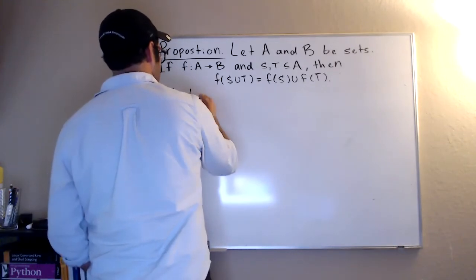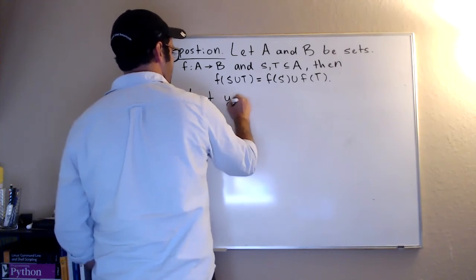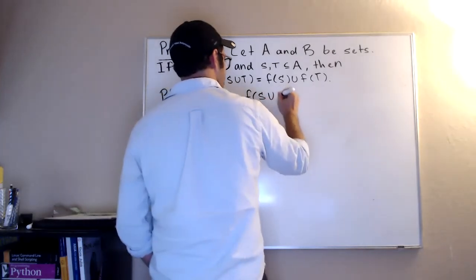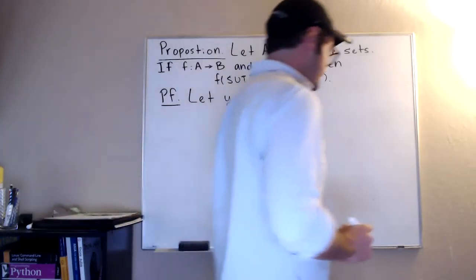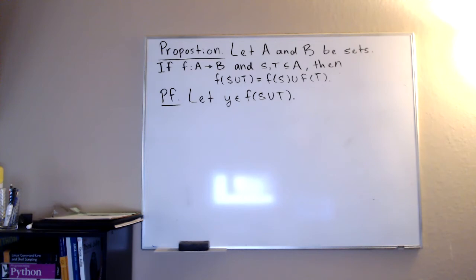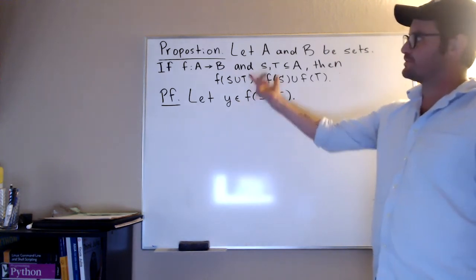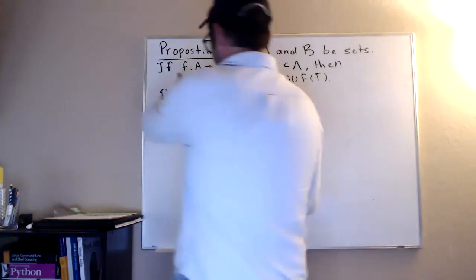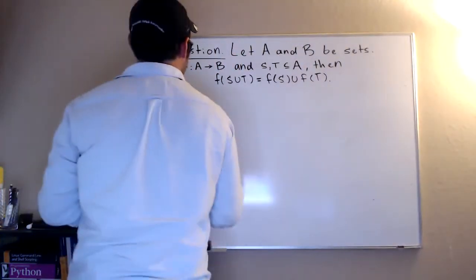So let y be an element of f of S union T. I kind of like proofs to be self-contained, which means that I'm assuming that the reader can look up and read the propositions. So what I'm going to do is write the hypothesis first.